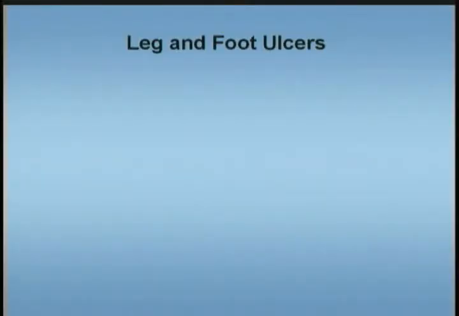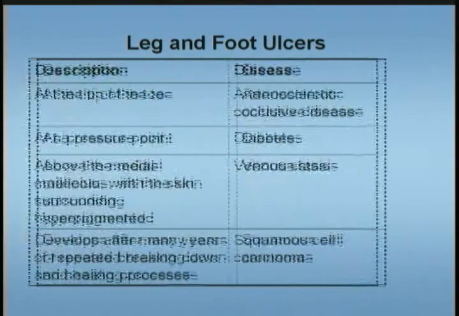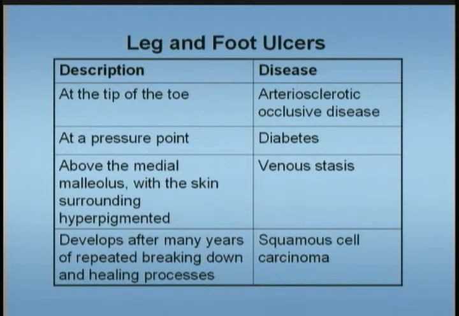And we move to a brief review of foot pain. Let me repeat this. In fact, I'm going to show you a little table on the screen so we remind ourselves again of the different types of foot ulcers. If the ulcer is at the tip of the toe, you think of arteriosclerotic occlusive disease.